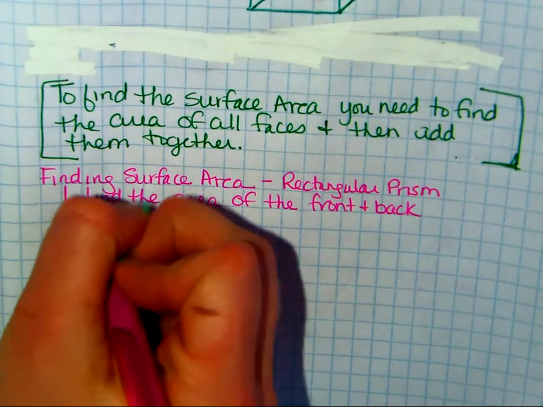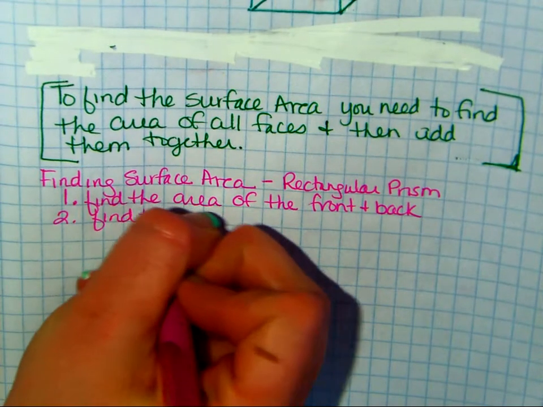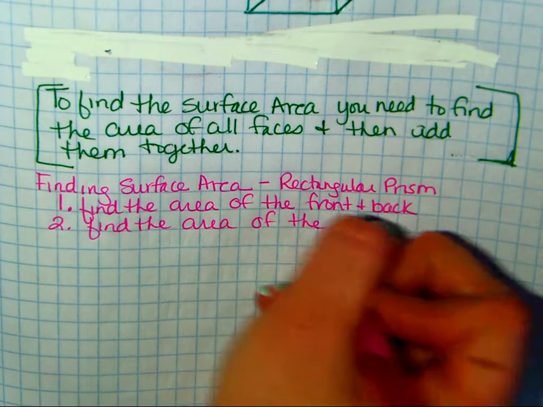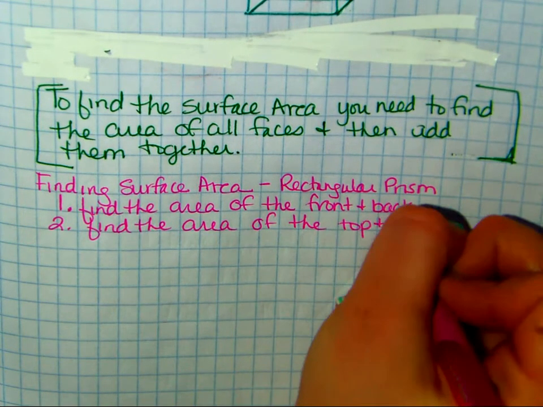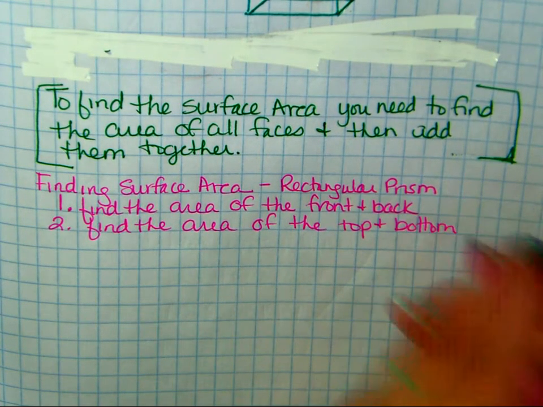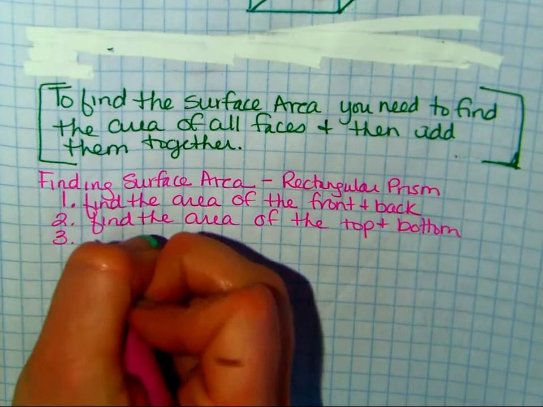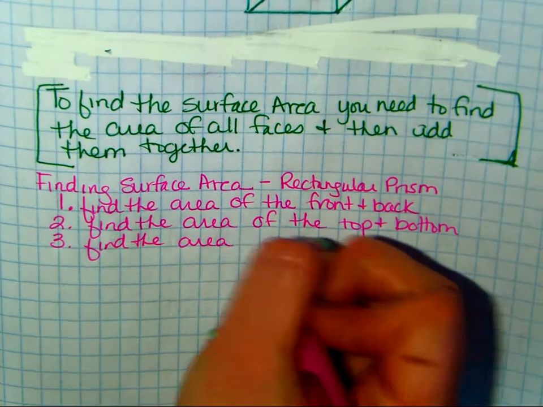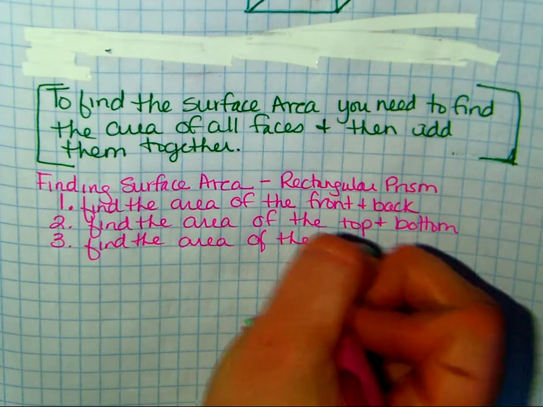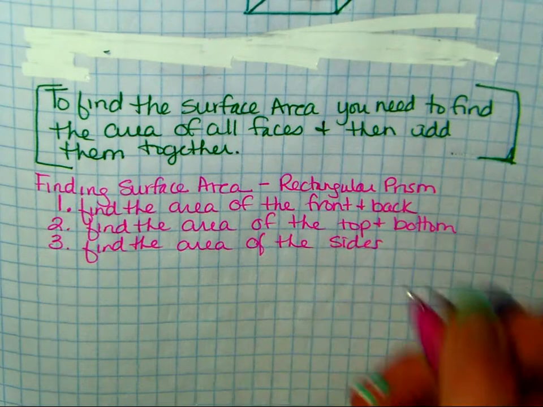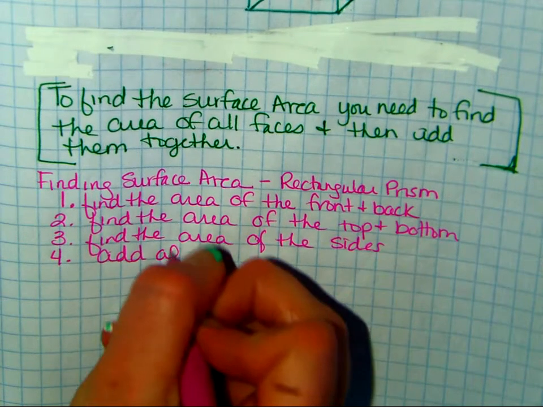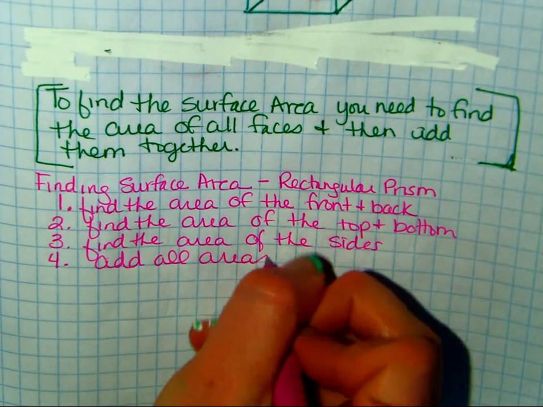Then you're going to find the area of the top and bottom. Then find the area of the sides. Add all areas together.